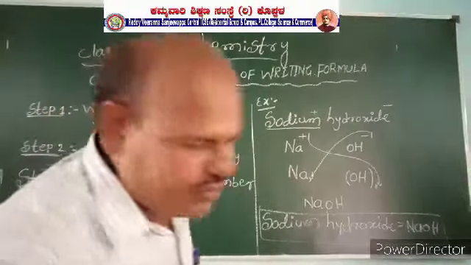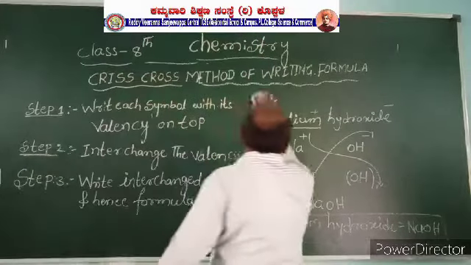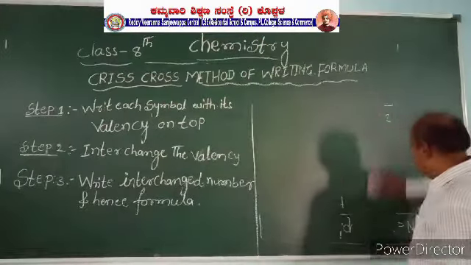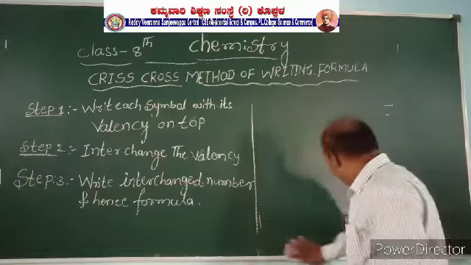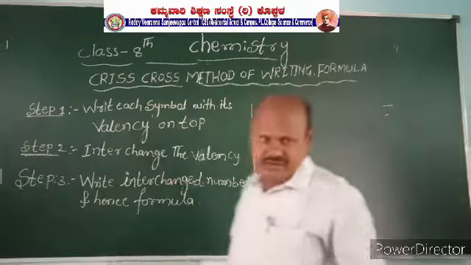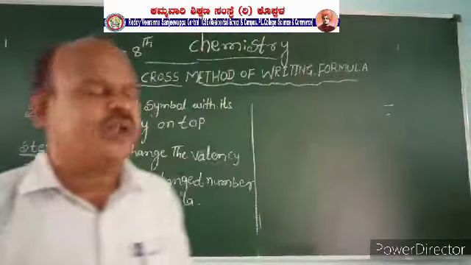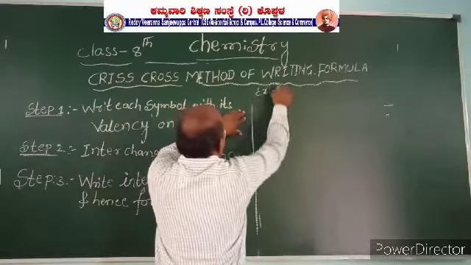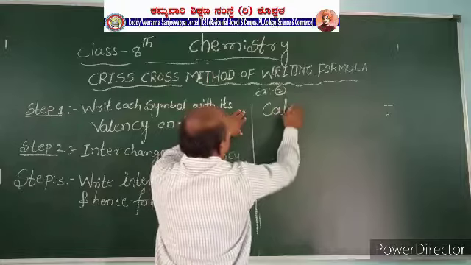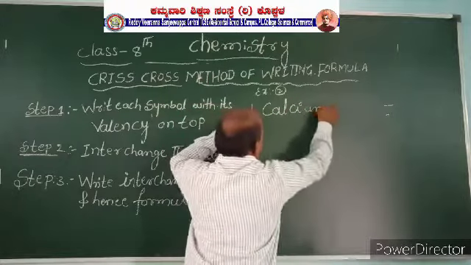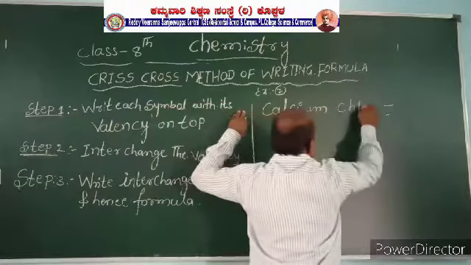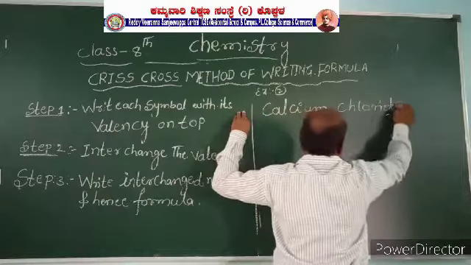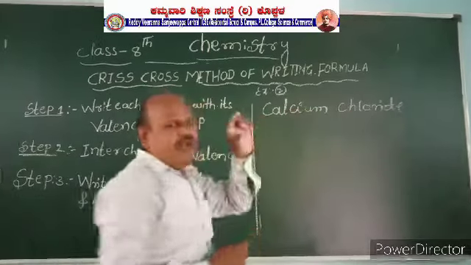Take another example. Example number 2: calcium chloride. Calcium chloride is a chemical.